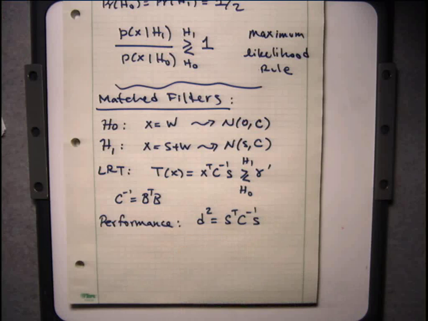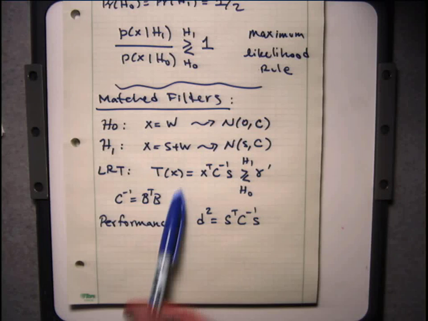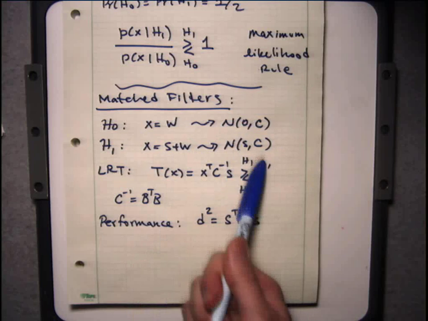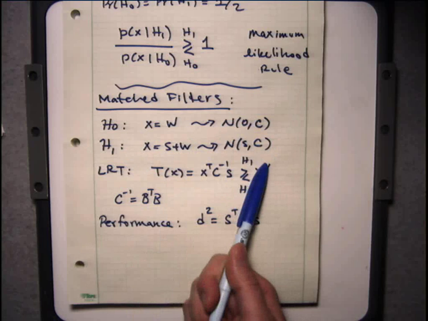We also pointed out that there are two scenarios under which you can come up with this test statistic in which you have optimality. One of them is, in fact, if you have the Gaussian noise. Okay?